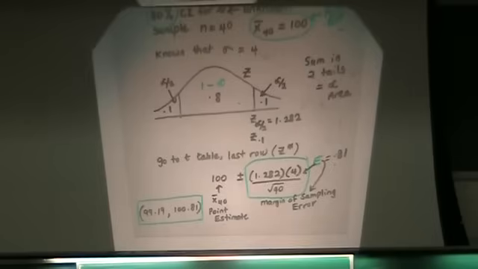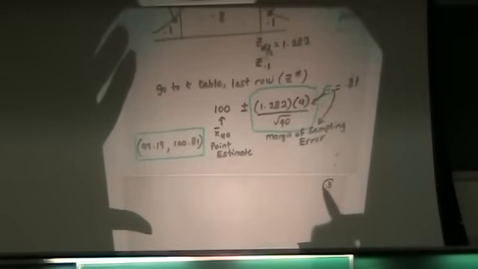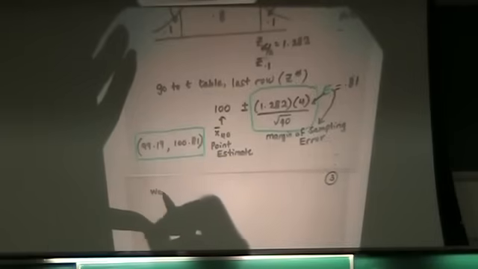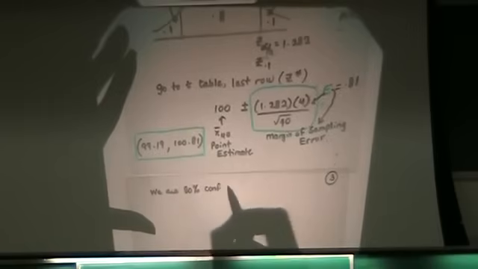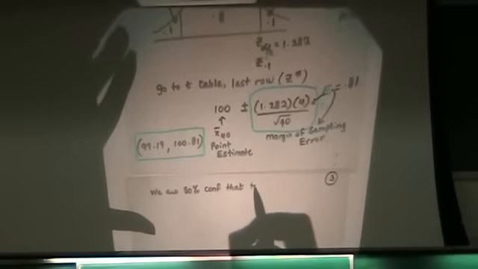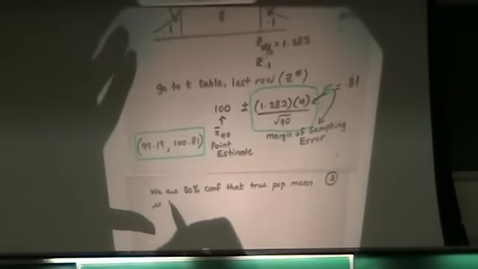So to interpret this, we say, let me take a new page. We are 80% confident that the true population mean mu lies in this interval, 99.19, 100.81.